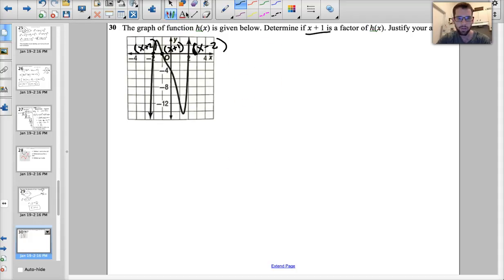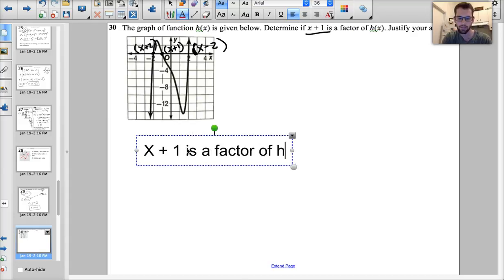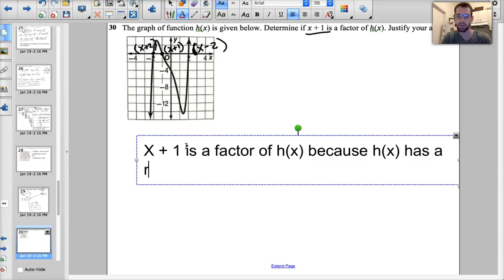So I'm going to justify my answer. I know that x plus 1 is a factor of h of x because h of x has a root at x equals negative 1.